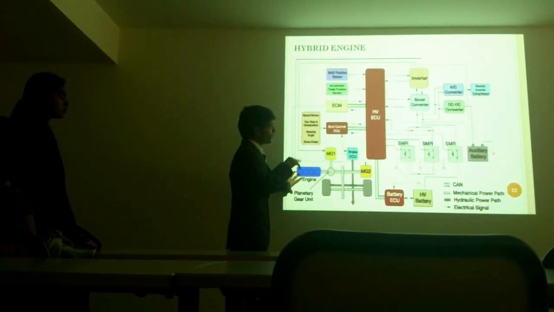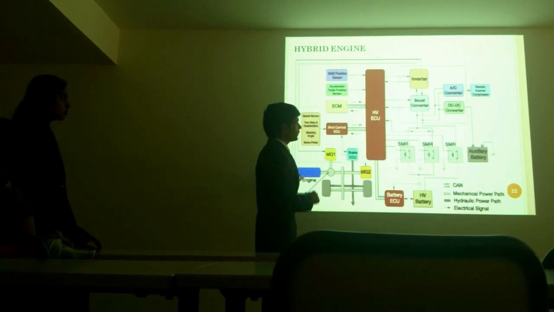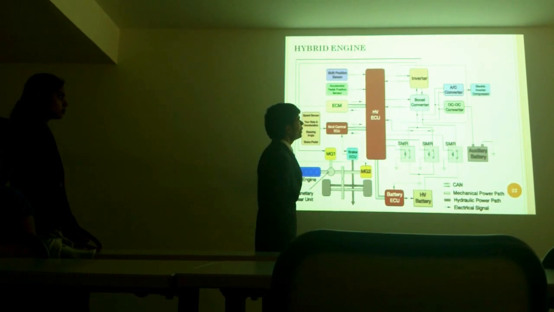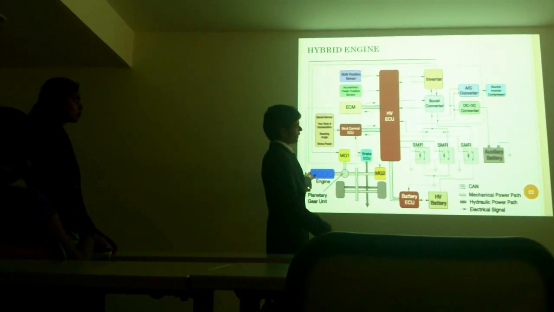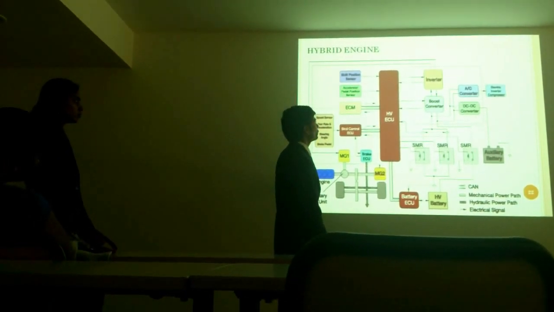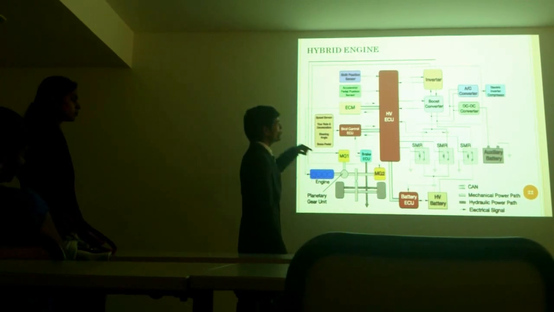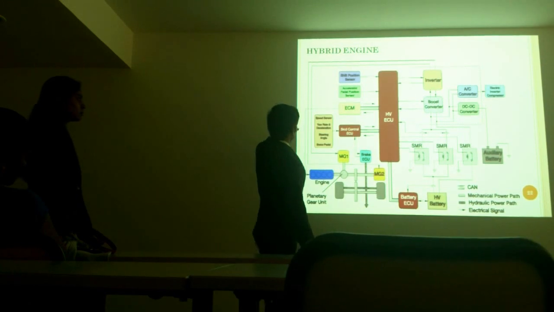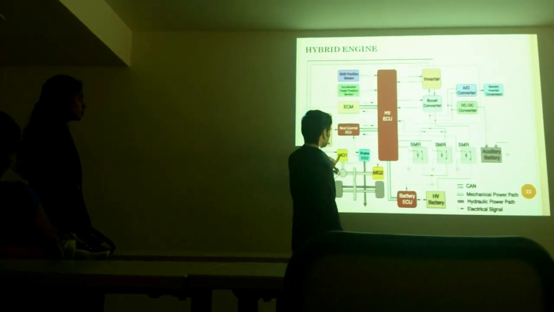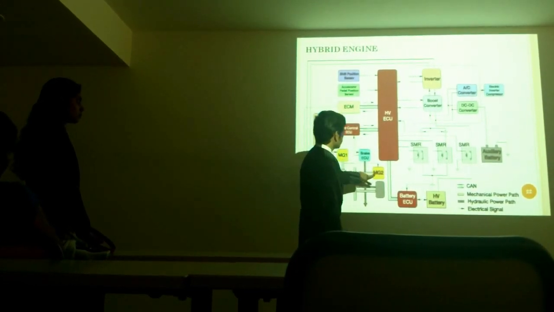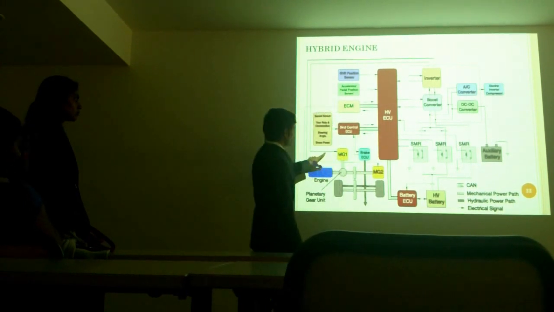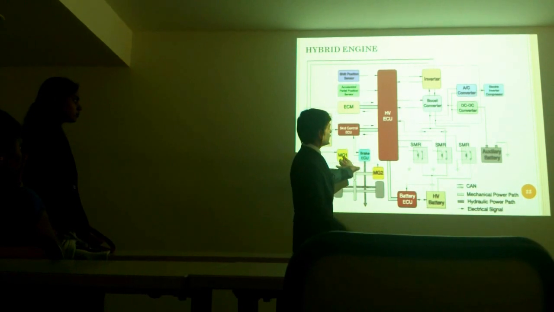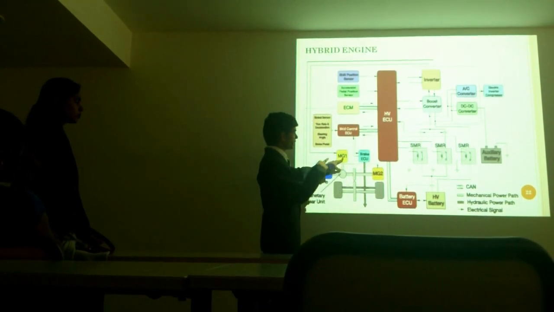So it is in the form of DC power, and the motors inside the engine are AC motors. For that we are using the inverter, which will convert the DC power to AC, and give it to the motor generator 1 and motor generator 2 assemblies, which will power up whenever they get an electrical signal.